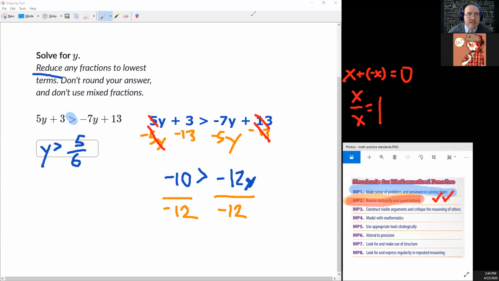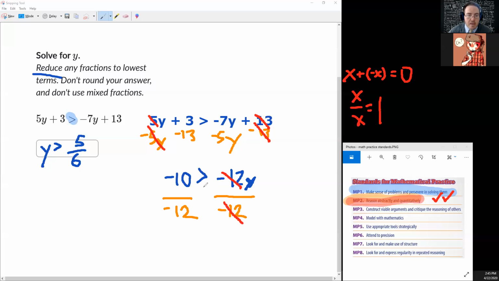So this is where this rule kicks in. If you ever divide or multiply by a negative value in an inequality, the inequality flips around. So negative 12 divided by negative 12, that's 1y, I get it.